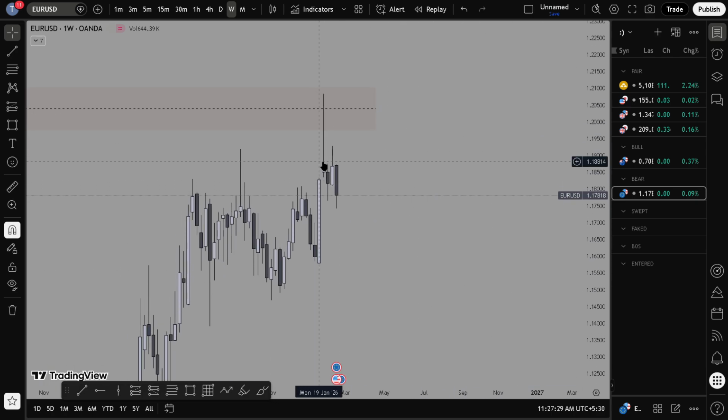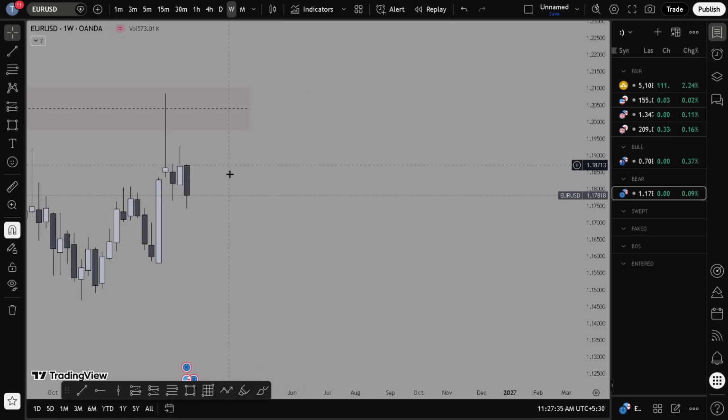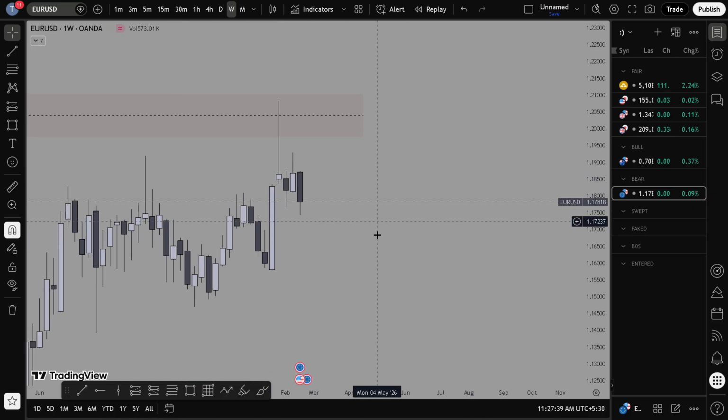We got a beautiful rejection right there from the last week of January. And these three candles belong to February. Today the date is, I guess, February 21, 2026, so next week is going to be the last week of the February month.